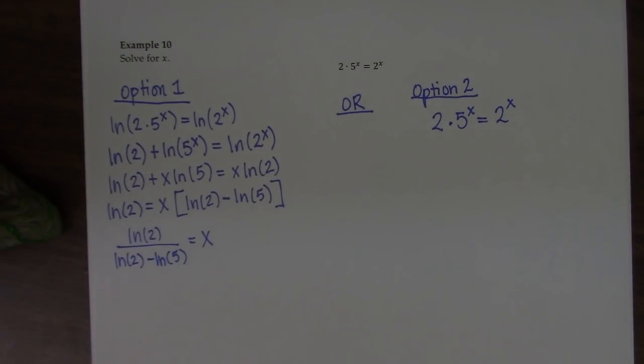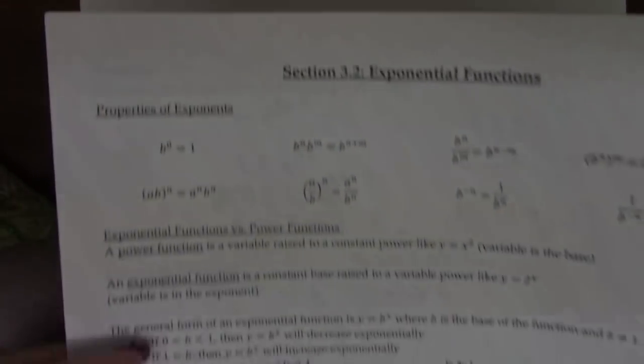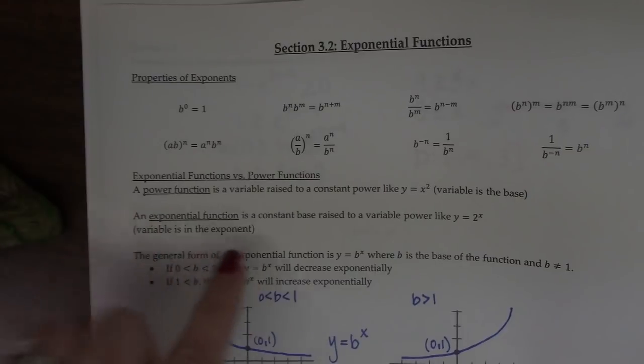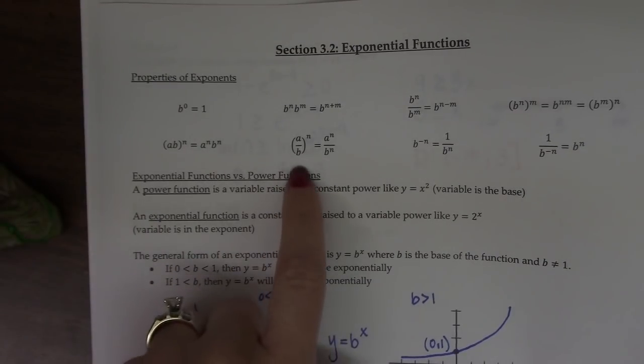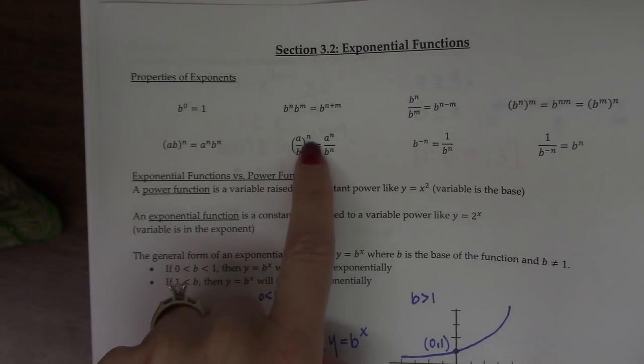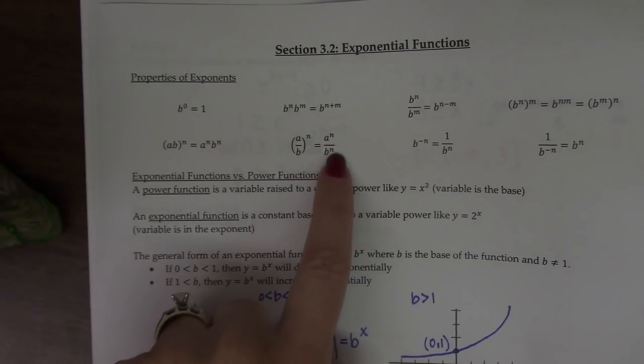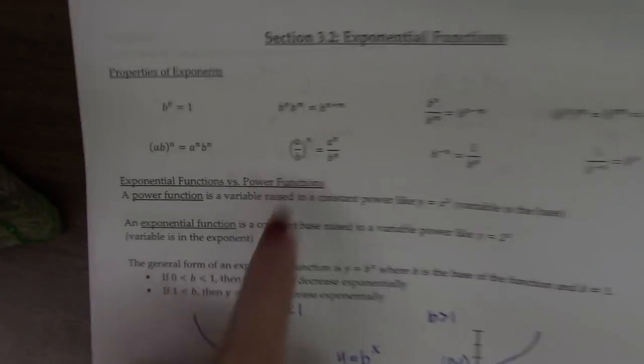So if you have two different numbers being raised to the x, if you know your properties of exponents, and this is where I said you need to know how to combine things and split them apart. Well, one of the properties said if you have two different numbers raised to the same exponent, you can split them apart, or we could combine them together.